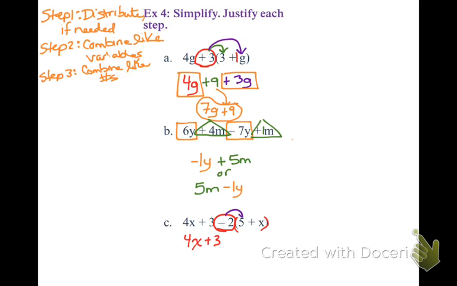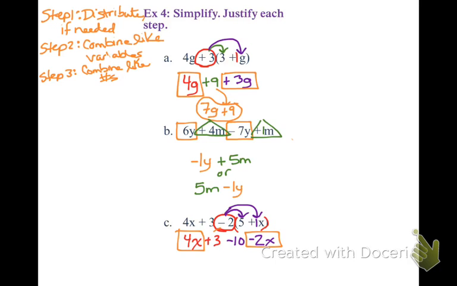So negative 2 times 5 is negative 10. And negative 2 times 1x is negative 2x. Now find like terms. Again, 4x and negative 2x.